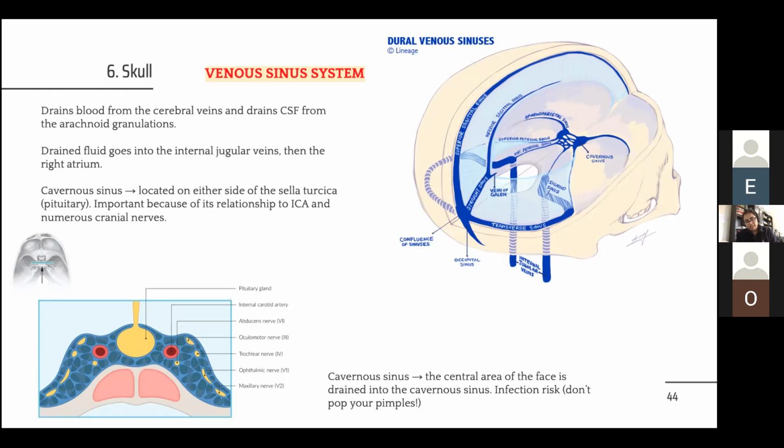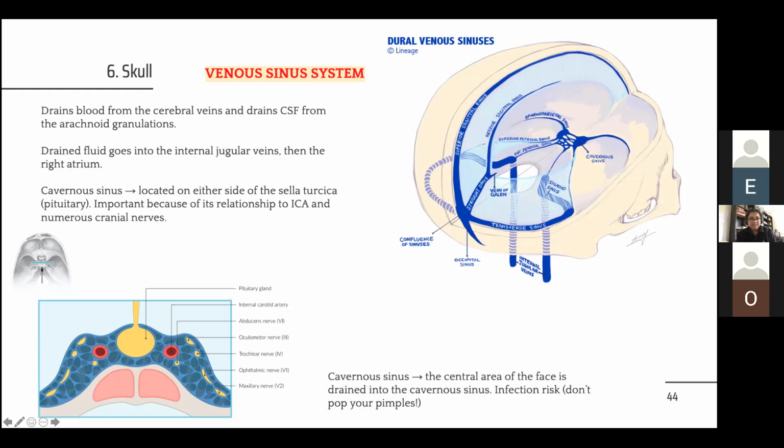As you can probably imagine, if something happens in your cavernous sinus that causes it to either compress or become infected or something like that, it can actually affect all of these structures that sit within the cavernous sinus.